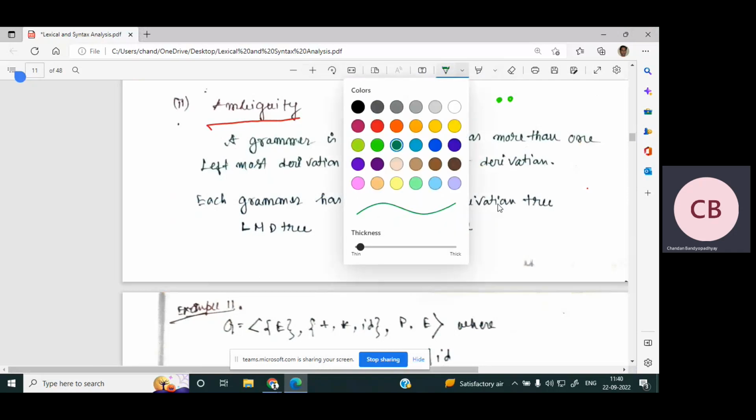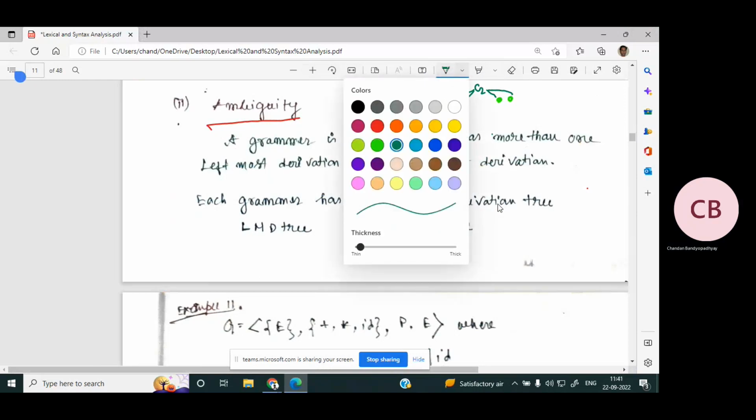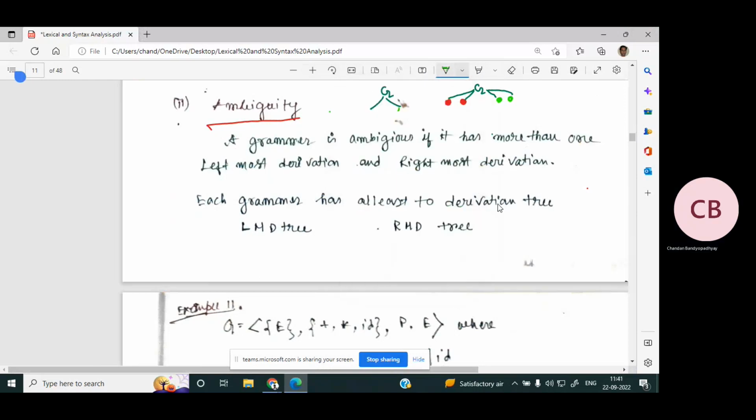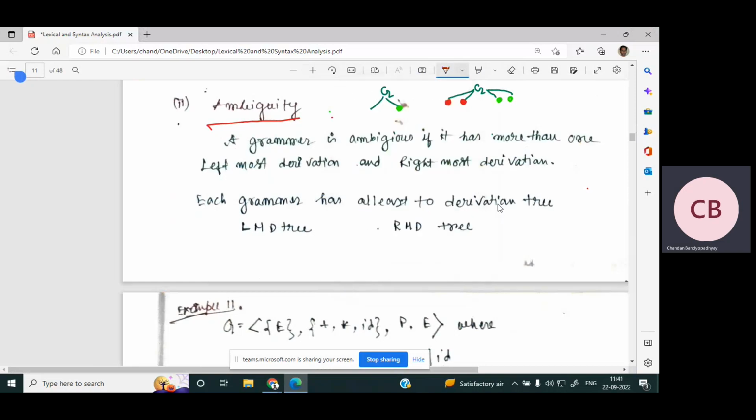Here I have a grammar G. From that grammar, I have designed a tree that contains two red dots and two green dots. Now if I ask you to select a red dot, you will be confused. If I ask you to select a green dot, you will be confused. Basically, this is the rule: this is a green dot and this is a red dot.